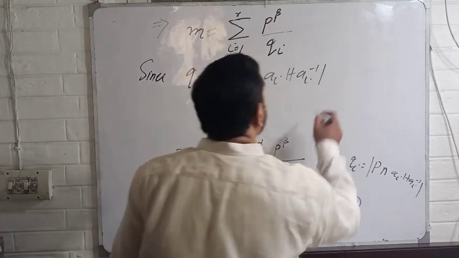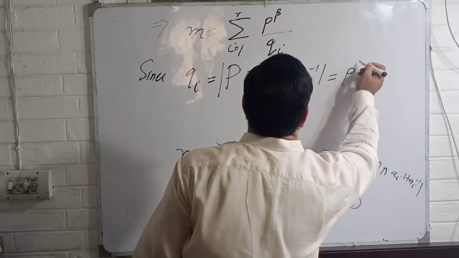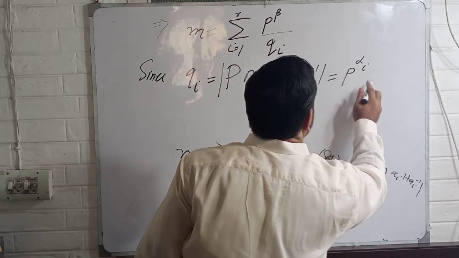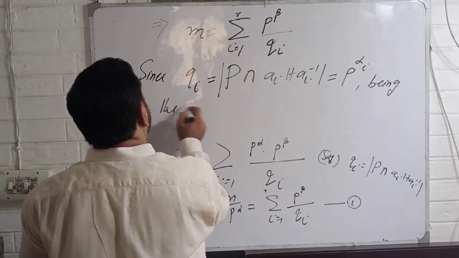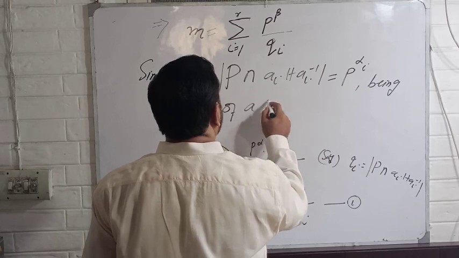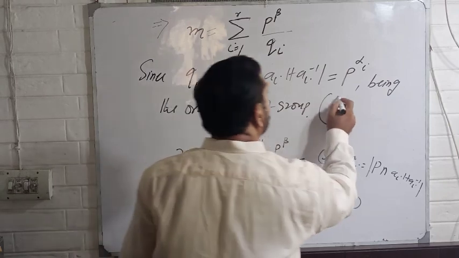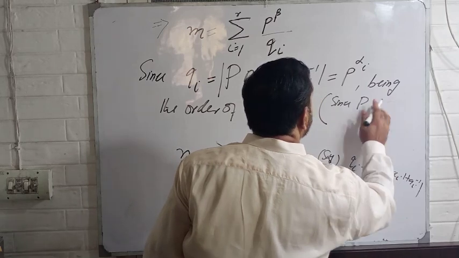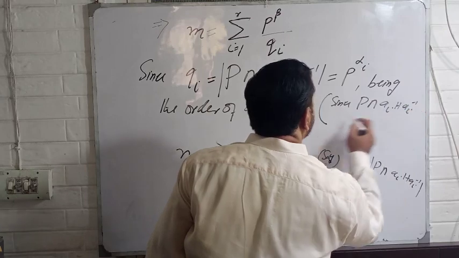Where q_i is equal to some P power alpha_i, being the order of a P group. You can say that since P is a P group, P intersection a_i H a_i inverse is a P group.